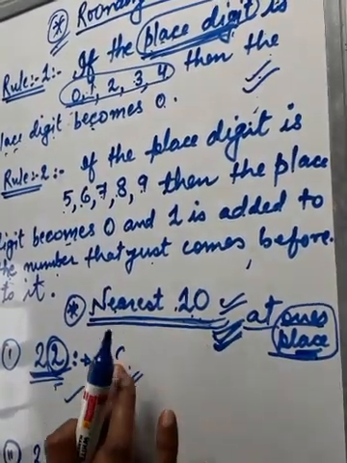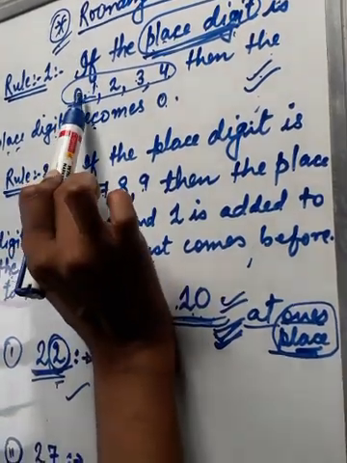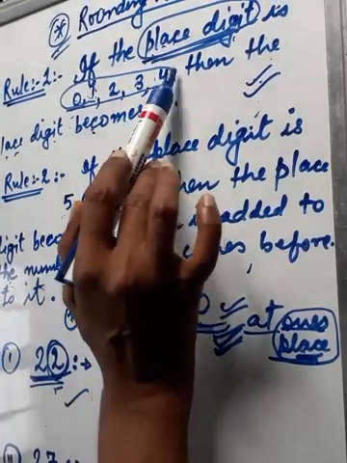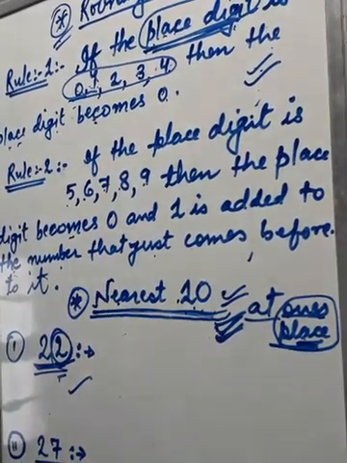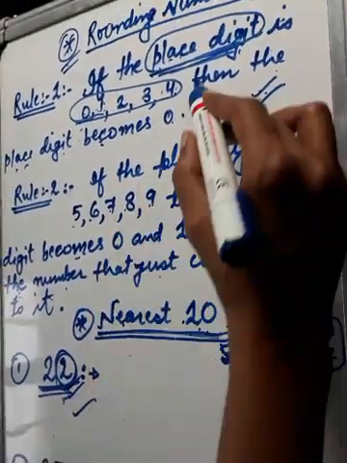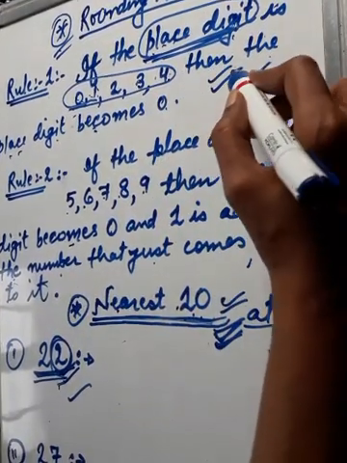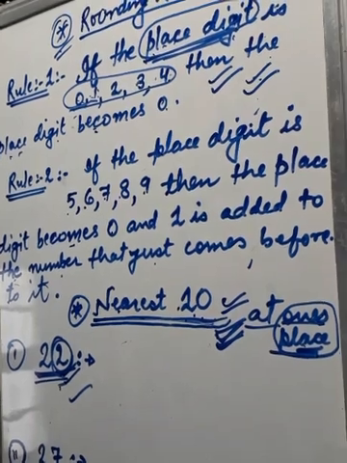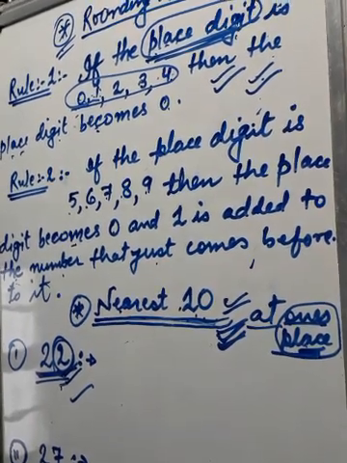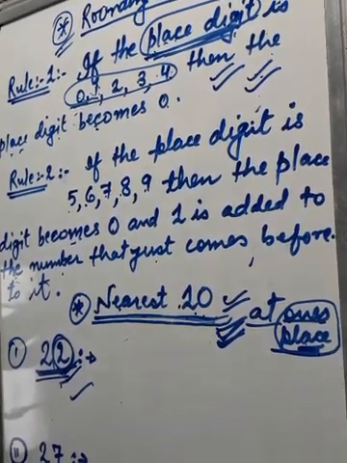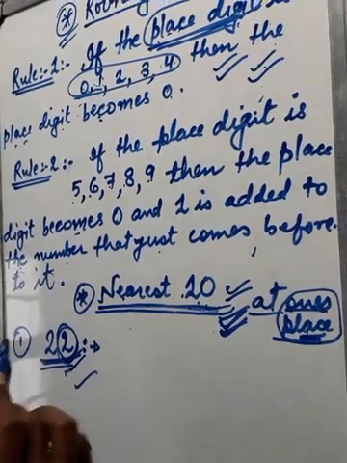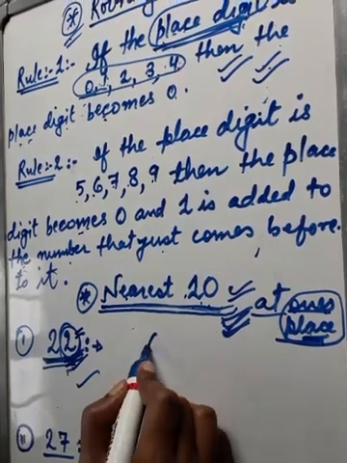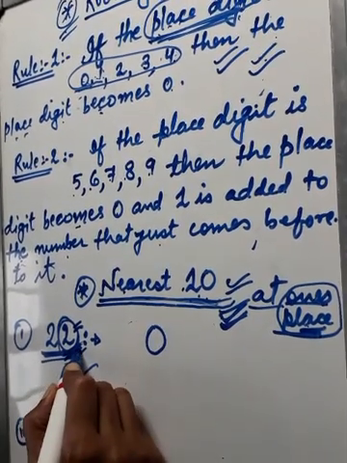Then the given place digit means ones place digit, and the given ones place digit becomes 0. You will see here 2 is following rule 1, as rule 1 says that if the digit is 0, 1, 2, 3, 4, then the place digit becomes 0. तो अब हम लोग यहाँ पे किस प्लेस का डिजिट देख रहे थे?